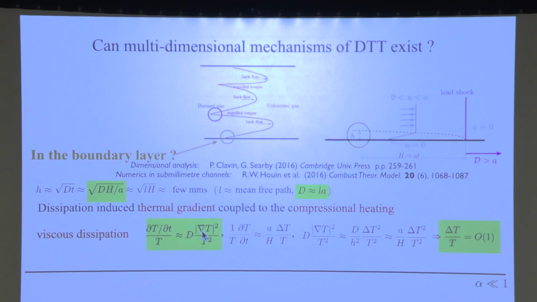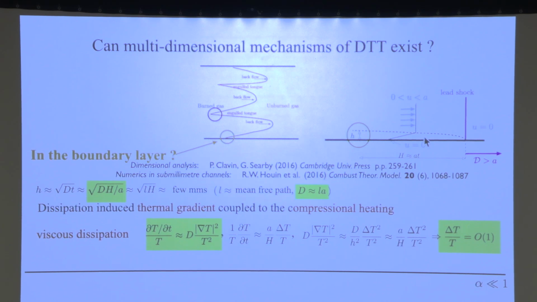So if you compute that, you find out, assuming that the walls are adiabatic, meaning that there is no cooling by the wall, which is not so bad because everything is very fast, the heat transfer across the wall has no time.